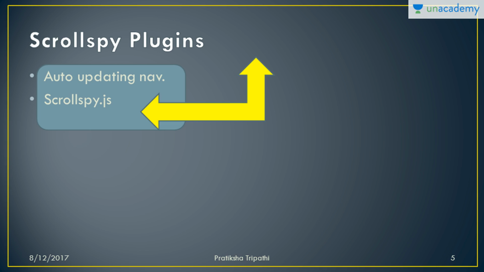To make that scroll bar work, we have to use the plugin scrollspy.js. For auto updating the navigation, that means a user can go from anywhere to anywhere, up, down, left, right, wherever the user needs.